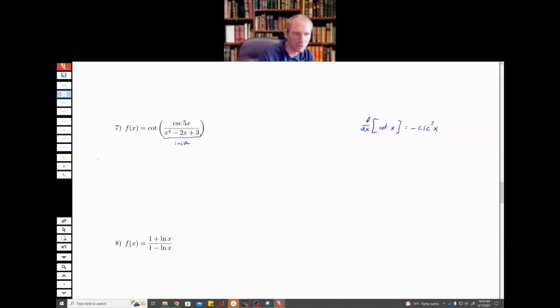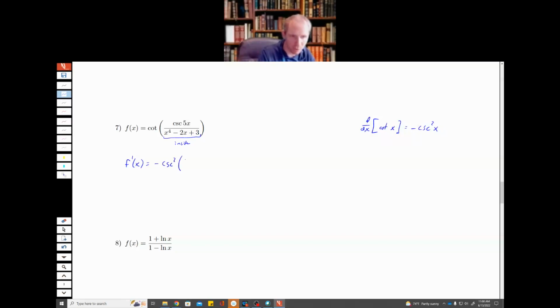Okay, when I use the chain rule, it says take the derivative of the outside, right? So I have cotangent of stuff. My derivative formula is negative cosecant squared x. But the chain rule says don't plug in x, plug in the inside function.